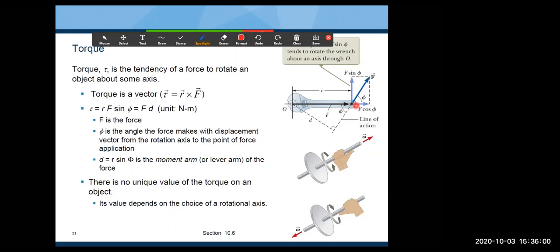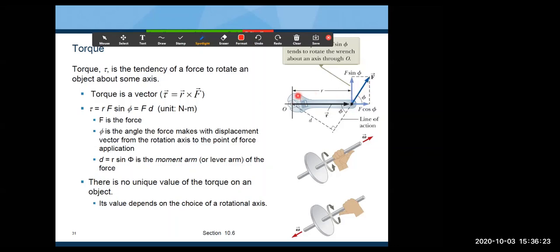So we have this concept that the turning effect generated by the force about a certain axis is proportional to three things. Firstly, it is proportional to the size of the force.